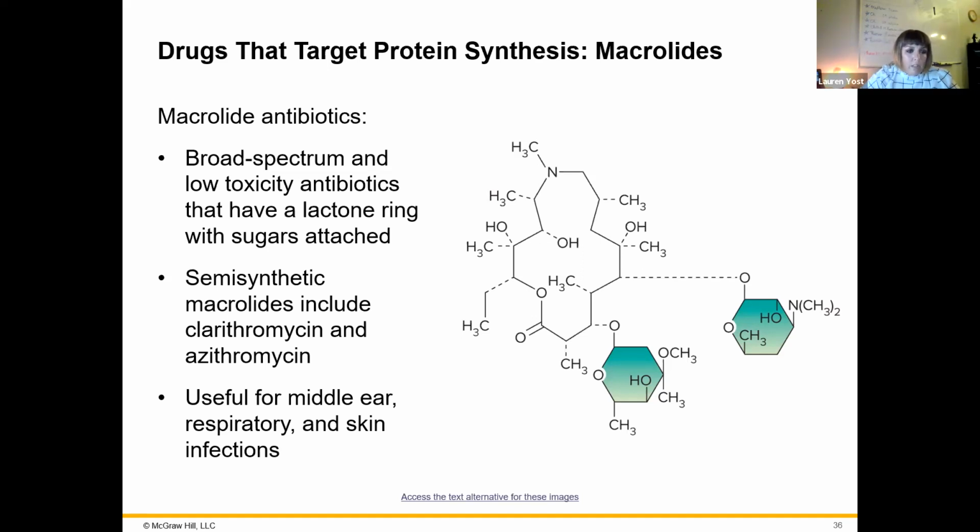I don't really know what else to say other than they are macrolides. This will include clarithromycin and azithromycin, so that's one to be aware of. Azithromycin is a macrolide. It's usually useful for middle ear infections, as well as respiratory and skin infections. Azithromycin is probably the one that you guys are more familiar with. I don't know clarithromycin very well.